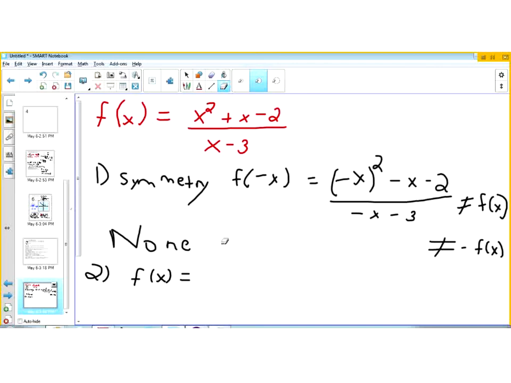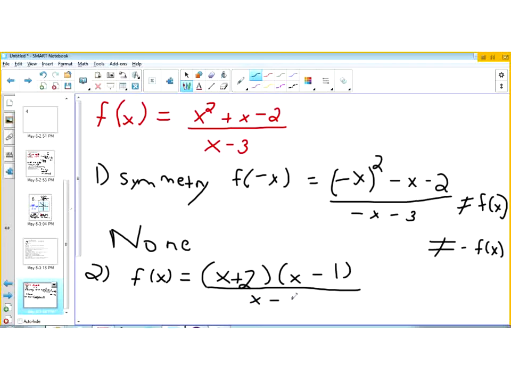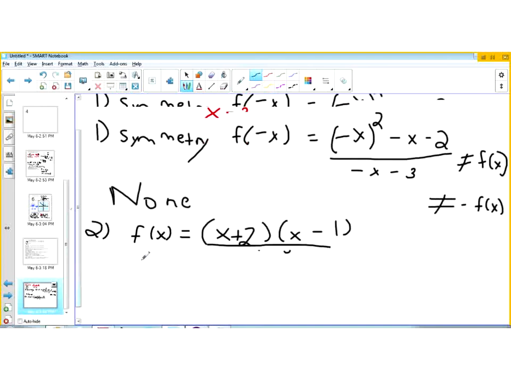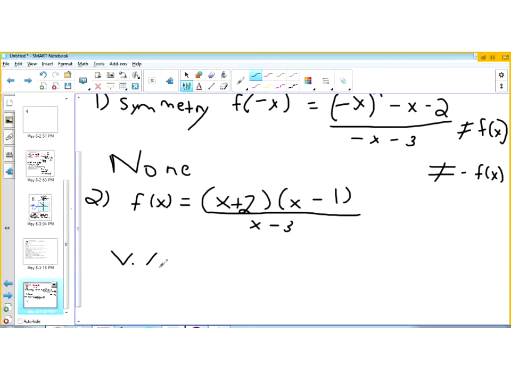So x plus 2 times x minus 1 divided by x minus 3. All right, so there are no cancellations in the numerator and the denominator. So it follows that the vertical asymptote is x equals 3.